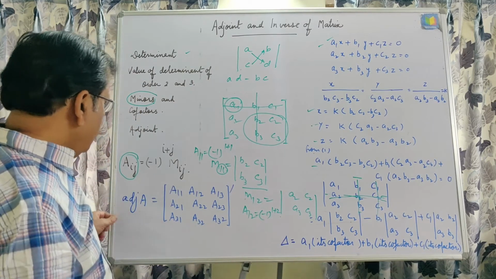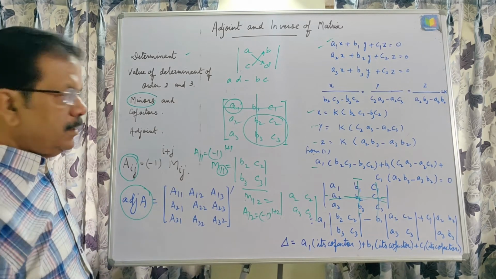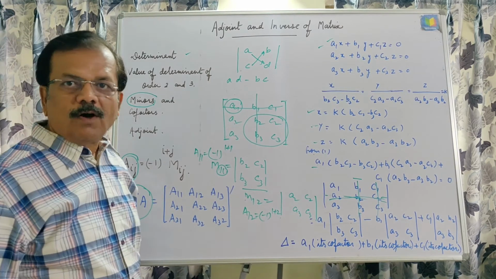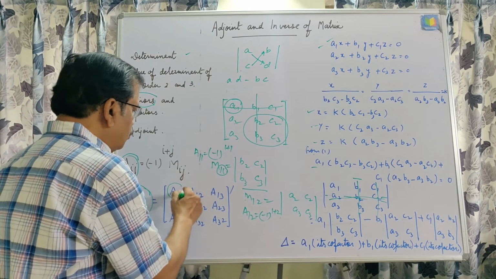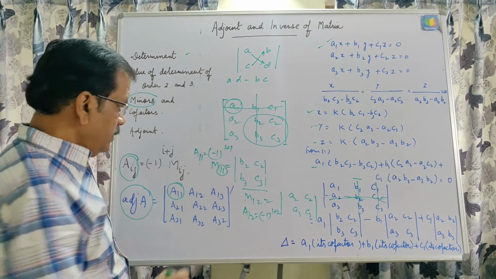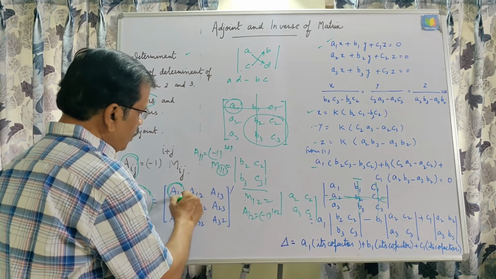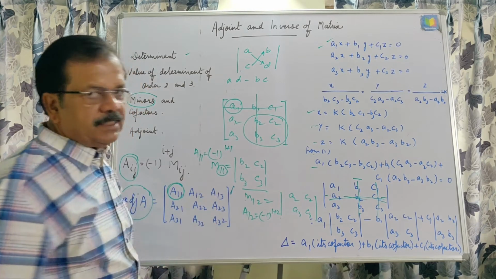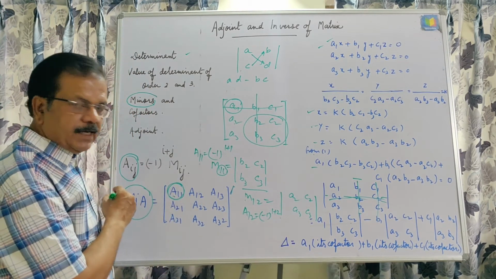Okay, and the adjoint of any matrix is the transpose of the matrix written with its cofactors. This is the matrix, and this sign represents the transpose of the matrix written with its cofactors.